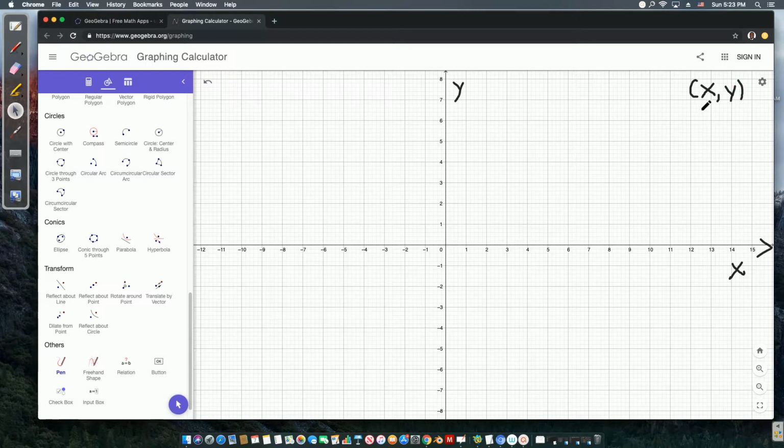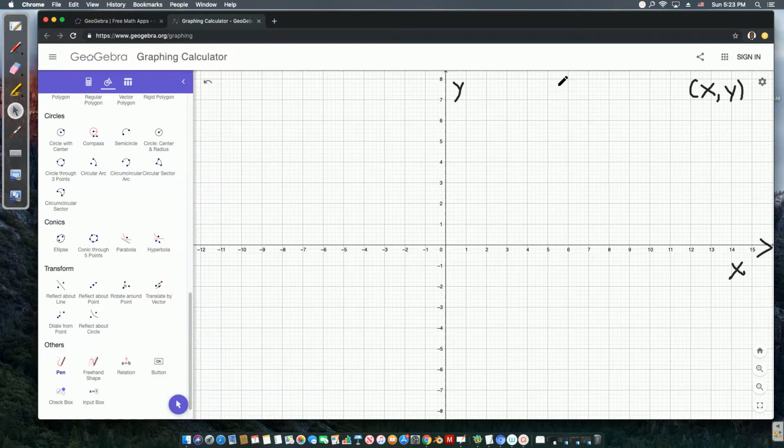That represents the distance from the y-axis, and the y value represents the distance from the x-axis.